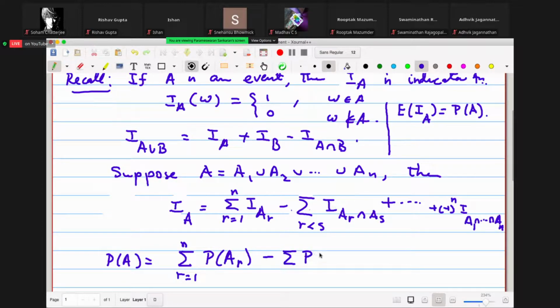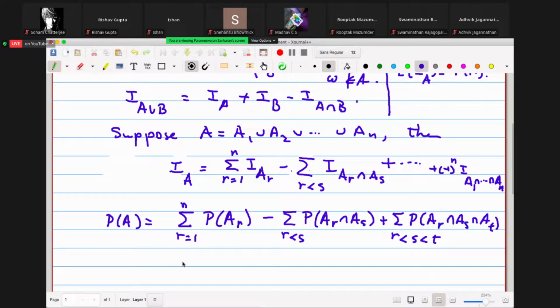The sum of the probabilities of AR intersection AS, R less than S, and then plus the summation over the probability of exactly three of them occurring, AR intersection AS intersection AT, and so on, R less than S less than T. So this time it's minus, but in general the signs keep alternating, and an even number of intersections means a negative sign.